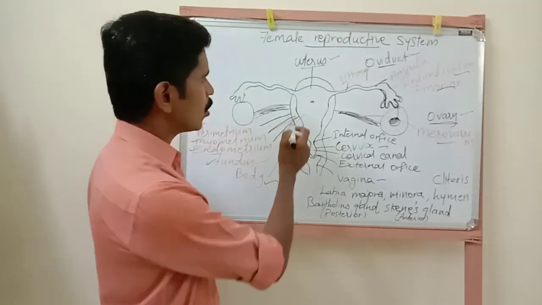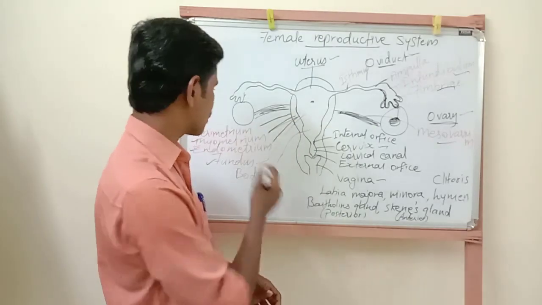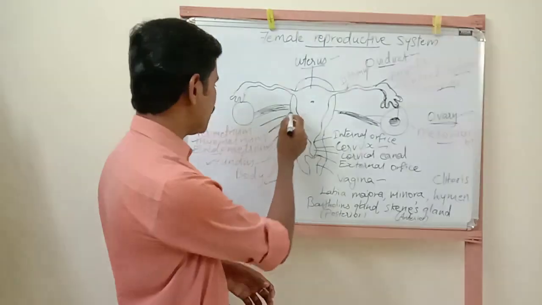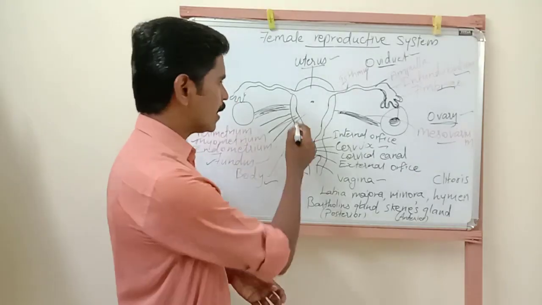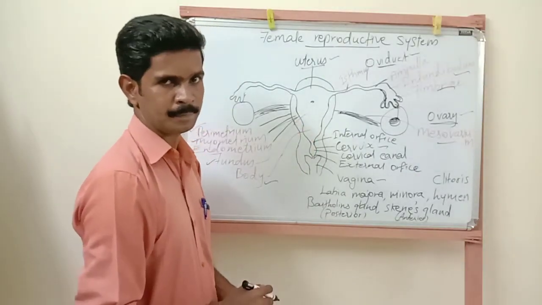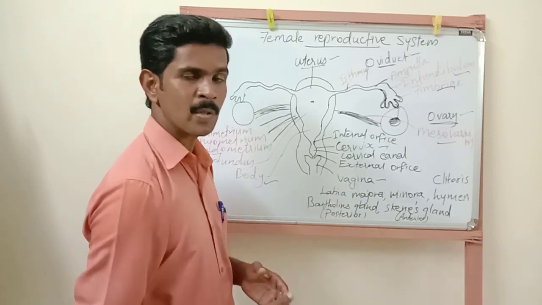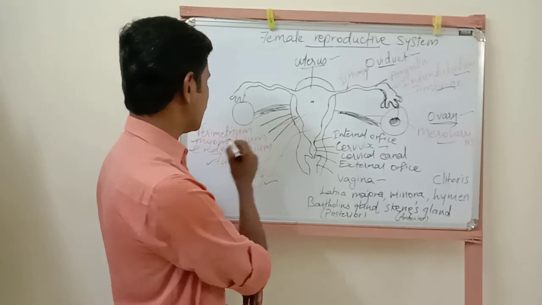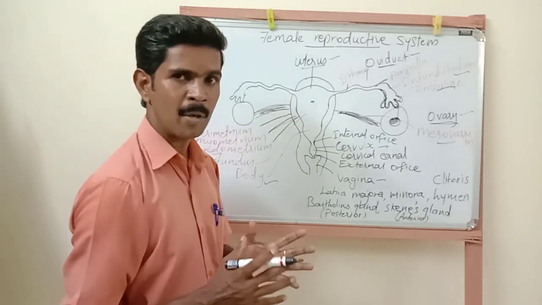The wall of the uterus is made up of three layers. The outer layer is a very thin layer called perimetrium, the middle layer is a thick, muscular layer called myometrium, and the inner layer is called endometrium. The endometrium undergoes many changes during the menstrual cycle, and the middle layer, myometrium, is involved in strong contraction at the time of childbirth.